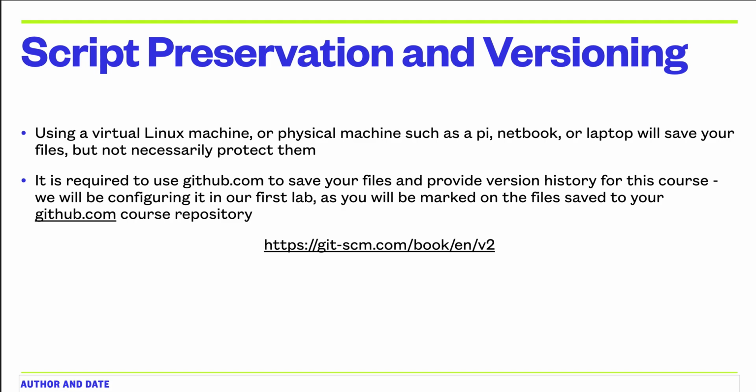As a result, we are requiring you to use GitHub to save your files and provide version history. In our first lab that we do, we're going to configure GitHub. We're going to create a GitHub account if you don't have one. They're free. You're going to create what's called a repository, a space to save your files. And all of the work you're going to do is going to be in a cloned copy of the repository.